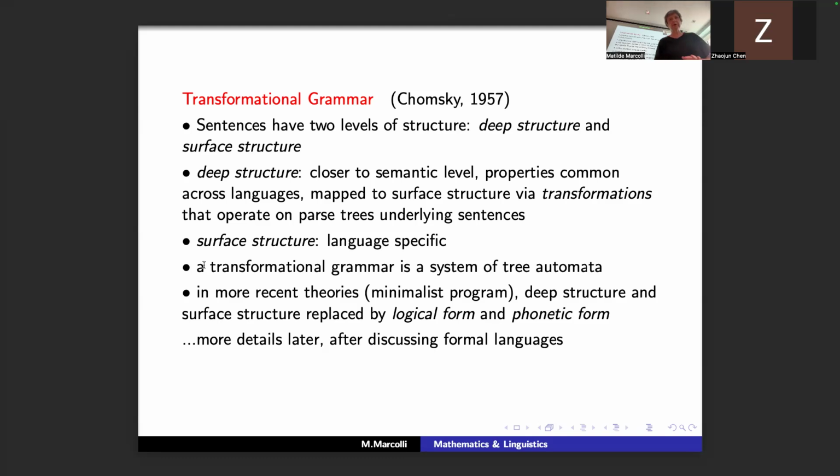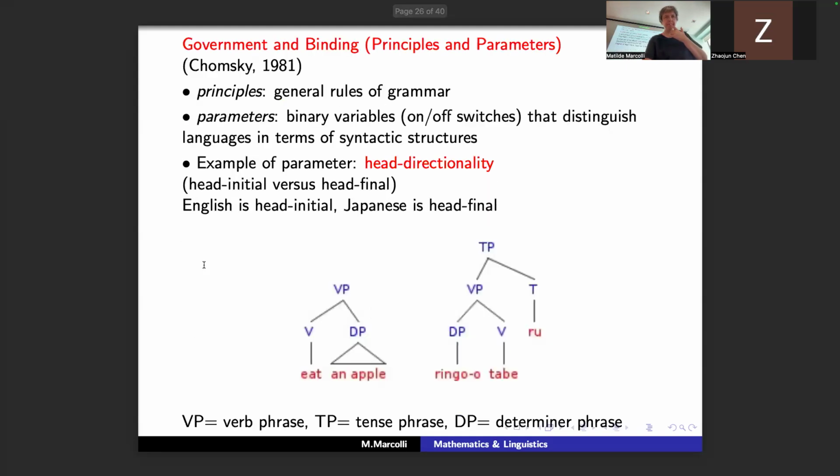And of course, in more recent theories, which I'll come back to discuss, this point of view has further shifted, and these two things are packaged into a single structure, which is different from the one originally in the other formal languages.